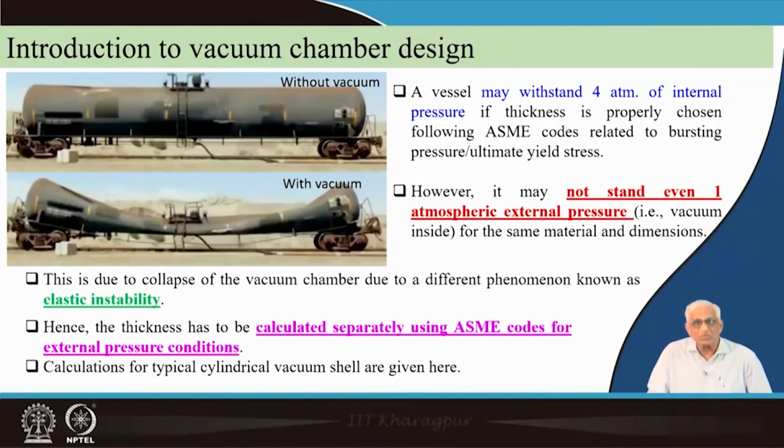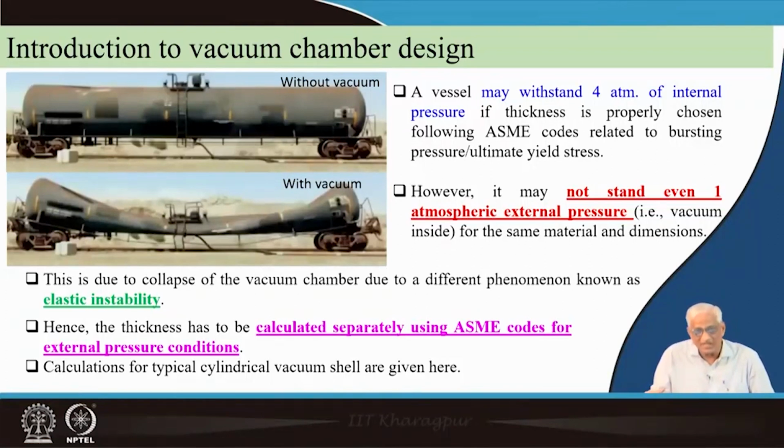So, the thickness has to be calculated from external pressure conditions using the ASME Section 8 code. These calculations are for a particular vessel, but they are applicable to any vessel.